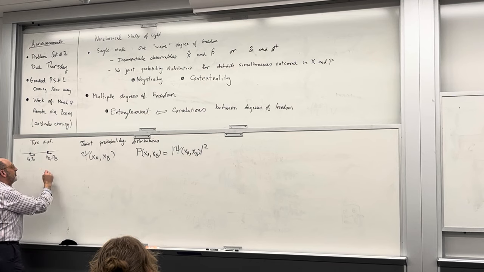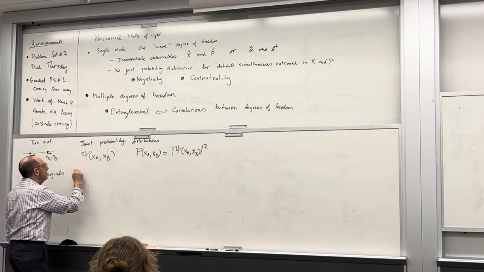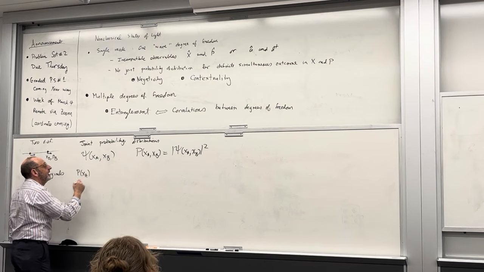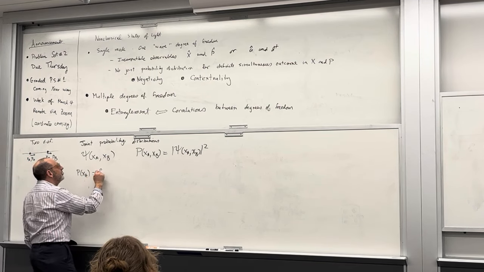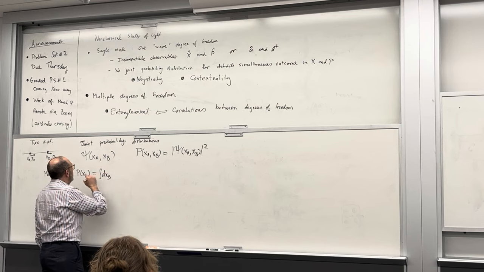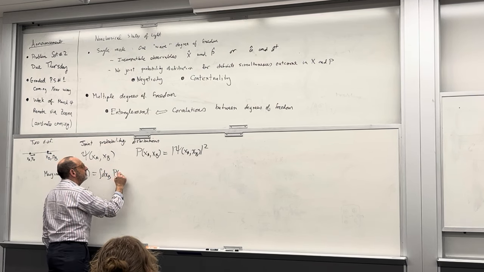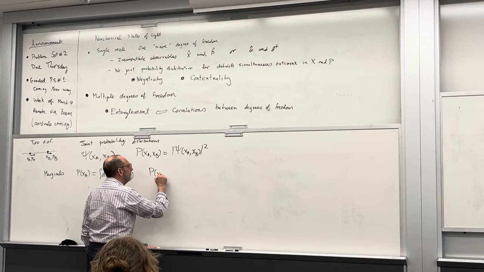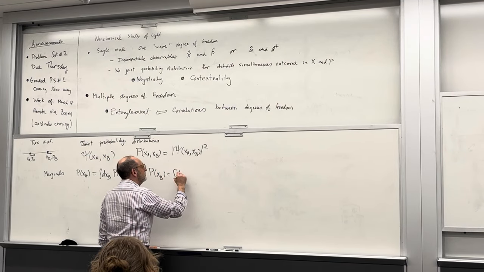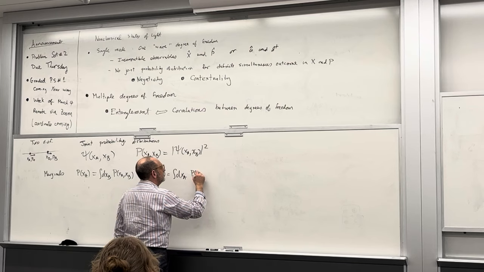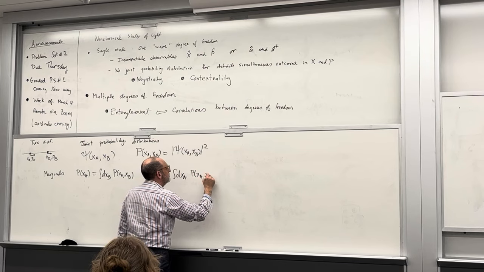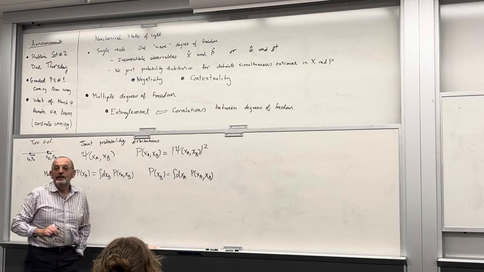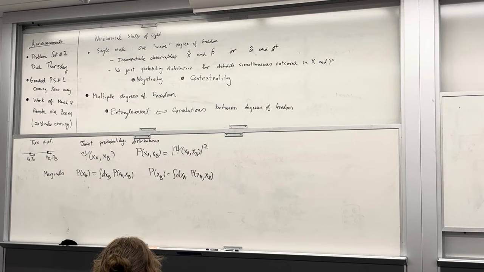And I can think about the marginal probability distribution, the probability of finding X irrespective of what the position of particle B is. Or similarly, I could think about the marginal for the probability distribution of position of particle B irrespective of particle A.